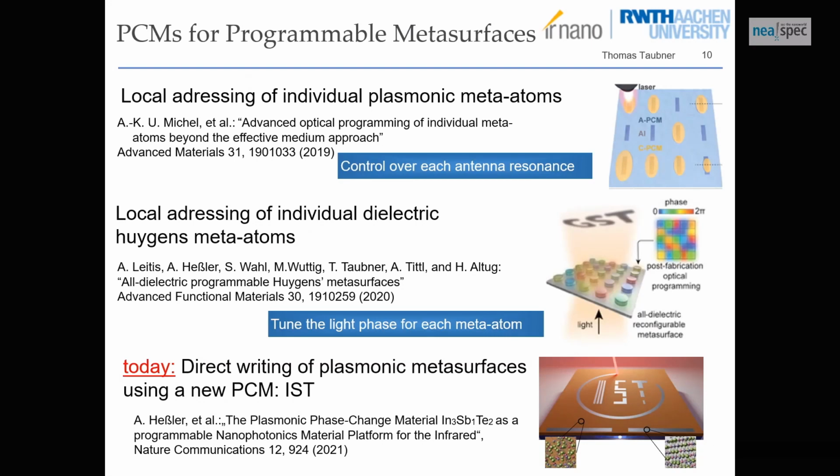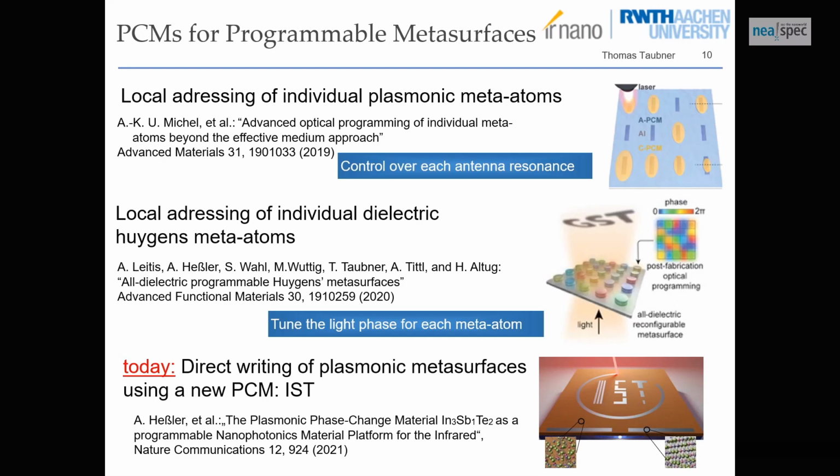For example, to plasmonic nano antennas by changing the surrounding refractive index of the individual meta-atoms. We also did this with dielectric antennas together with the group of Hatice Altug and Andreas Tittl, who is also here. There we showed that it's possible to achieve 80% of a full 2-pi phase shift.